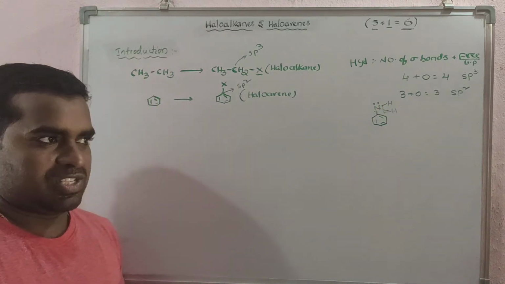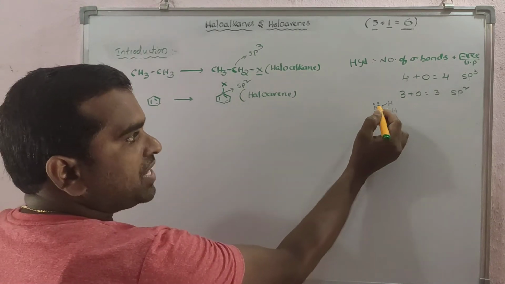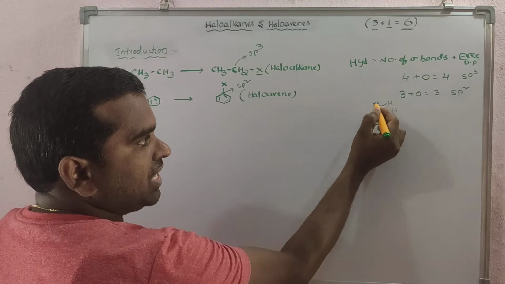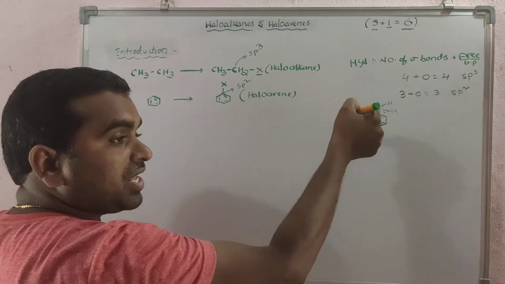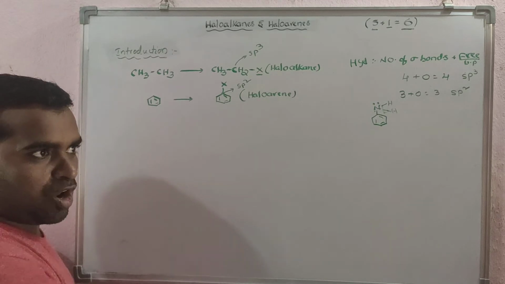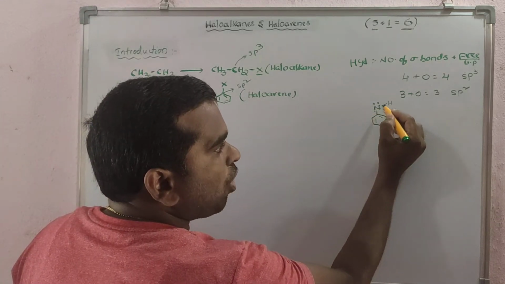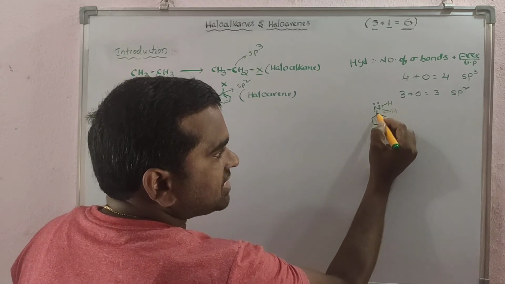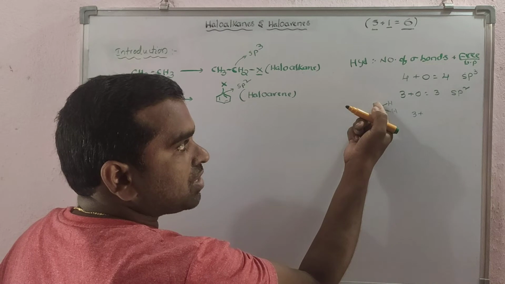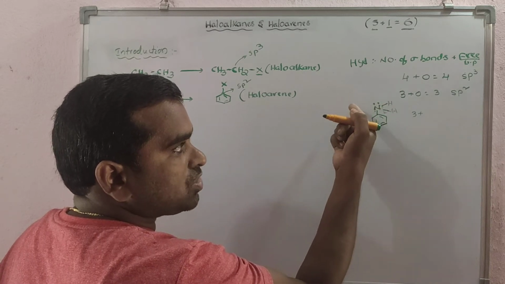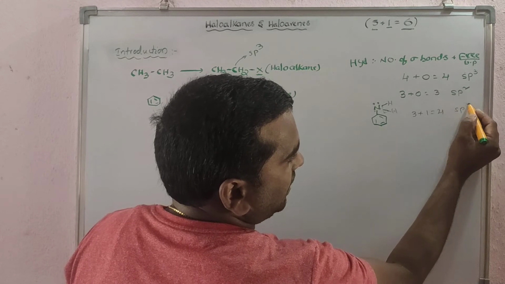In some competitive examinations they may ask what is the hybridization of nitrogen in aniline if the lone pair on the nitrogen is not involved in the resonance. See, nitrogen has how many sigma bonds here? 3 sigma bonds, 3 plus 1 lone pair. They mentioned this lone pair is not involved in the resonance, which means it is a free lone pair. So sp3.